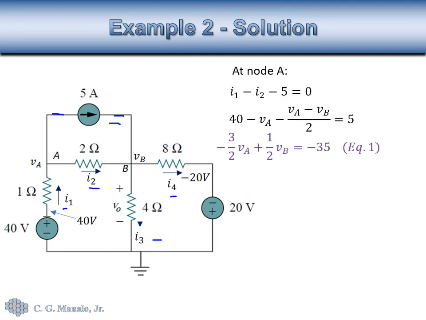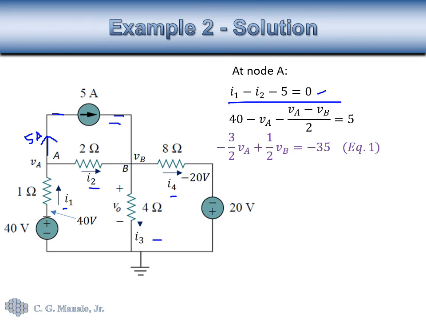So we can now write the KCL equation for node A. We have this equation. Current entering is I sub 1 minus current leaving. Here, the current is actually in this direction, 5 amperes, so that's why it is included in this equation.